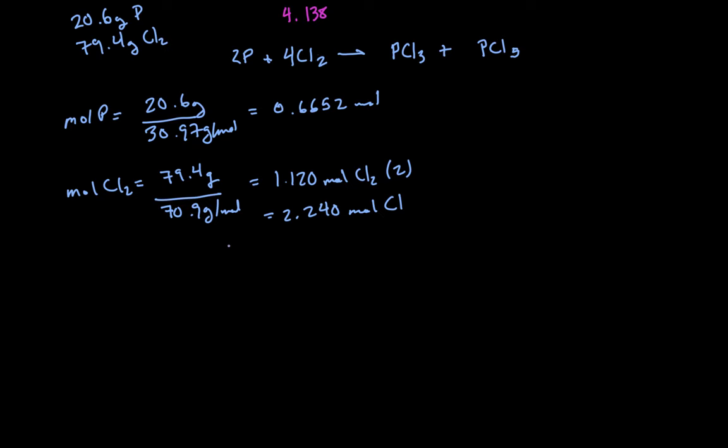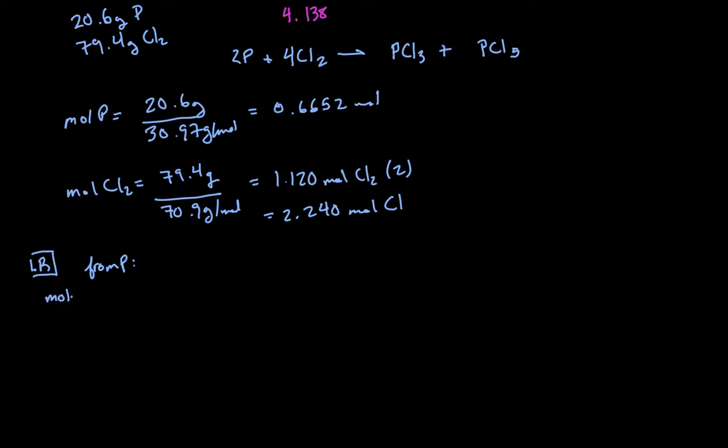Okay, so now let's find our limiting reagent. You can find that a bunch of different ways. I'm going to use a longhand process that shows all the steps in detail. So we're going to try to form phosphorus trichloride, and we're going to limit ourselves with the moles of phosphorus.